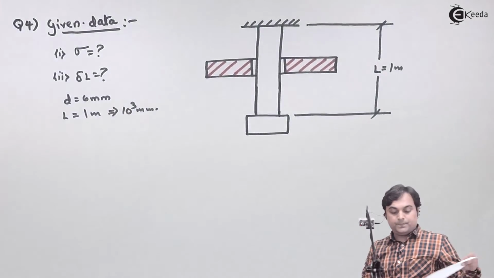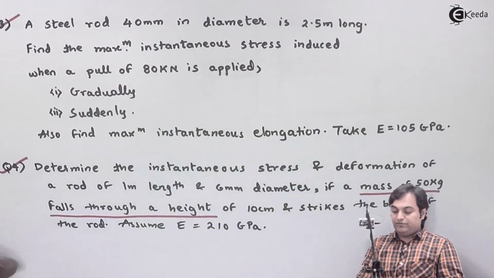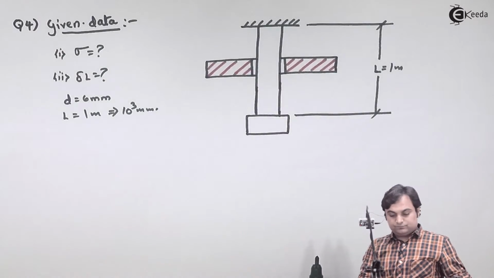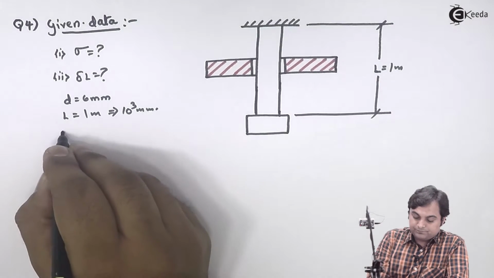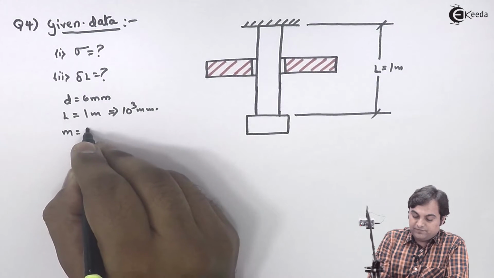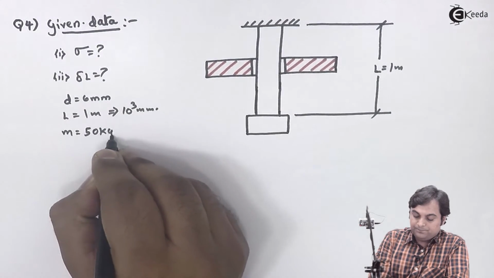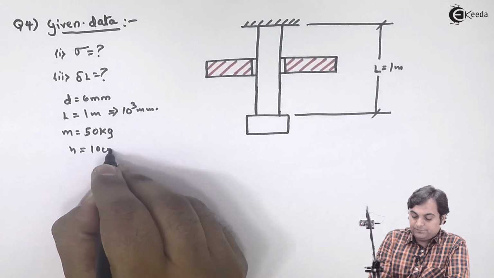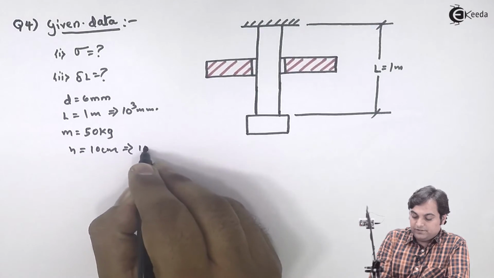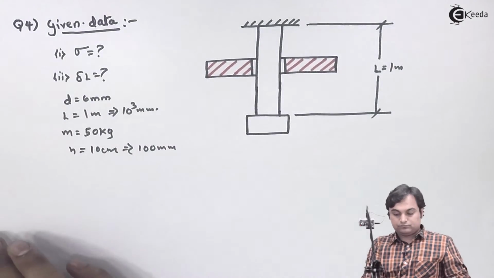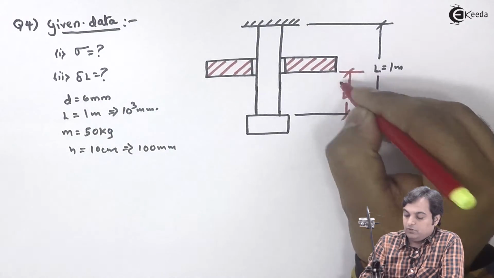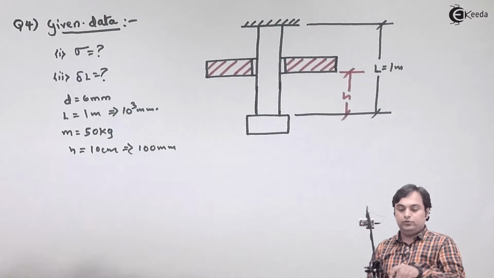After this, if a mass of 50 kg falls through a height of 10 cm, here the mass is 50 kg and it is falling through a height of 10 cm, that is 100 mm. So small h is the height through which the load will be falling.